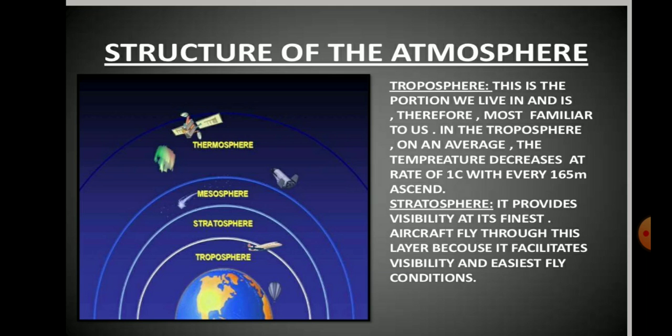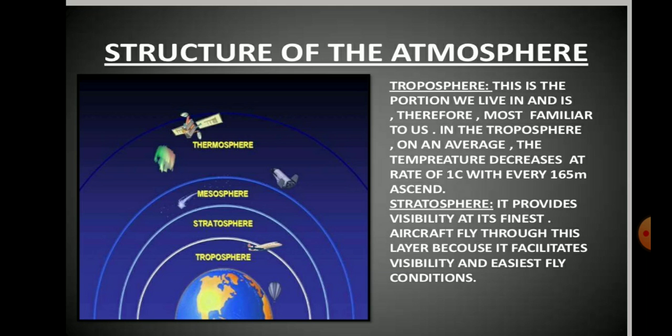So next up from the troposphere, the second layer is the stratosphere. Stratosphere provides visibility at its finest. Aircraft fly through this layer because it facilitates visibility and the easiest flying conditions. It lies above the troposphere and it extends up to a height of 50 kilometer.